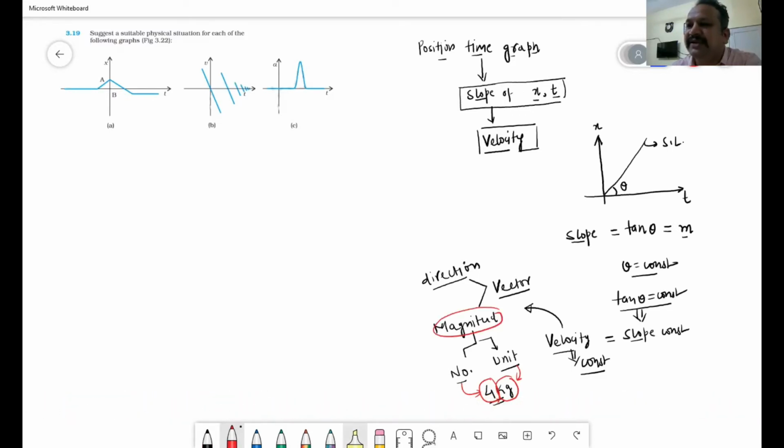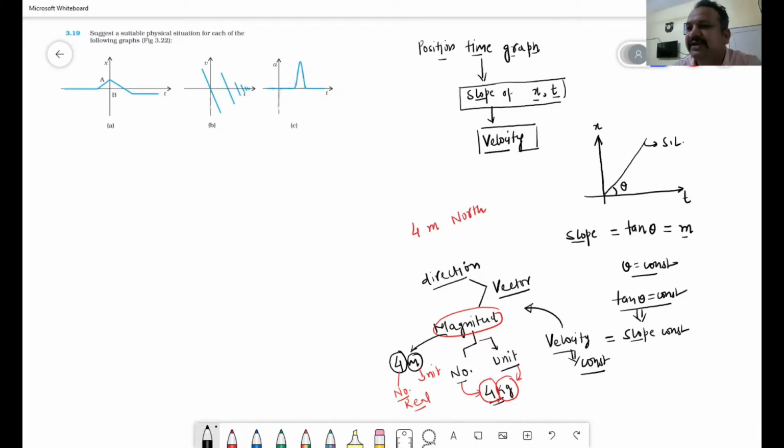Suppose I am writing 4 meter. So 4 is a number, this is a unit, and the number is any real number. So this represents the magnitude. But if I say 4 meter north, what does it mean?